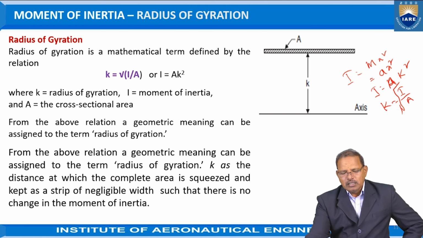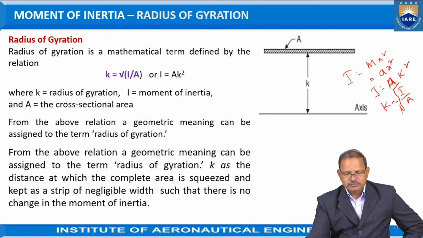That is, here k is the distance between the reference line and the point at which that entire area is assumed to be concentrated, or in other words, the center of gravity.